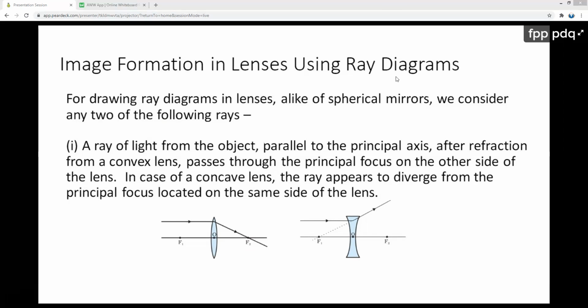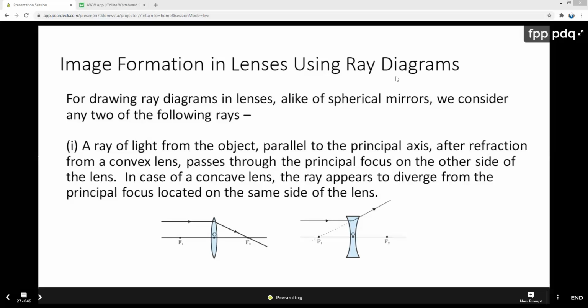So after the ray gets refracted in a convex lens, it passes through the principal focus on the other side. In concave lenses, it diverges, so we draw a dotted line traced back, which also passes through the principal focus. This is the first one.